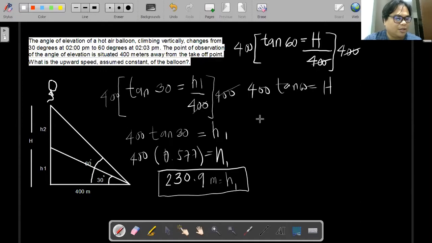Once again, let's solve for the tangent of 60, which is 1.73. So that's 400 times 1.73 equals H. Multiply that by 400, and you have now 692 meters.